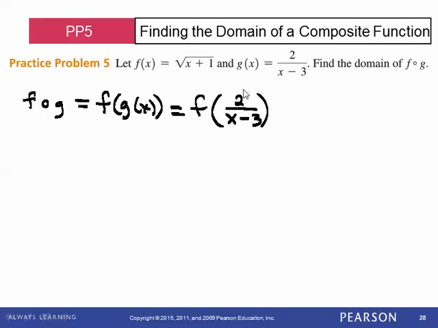And I'm going to plug that into the square root function. So the square root of, and again, that x now has changed into 2 over x minus 3, plus 1 at the end. Everybody okay there so far? Hopefully, sometimes, maybe.